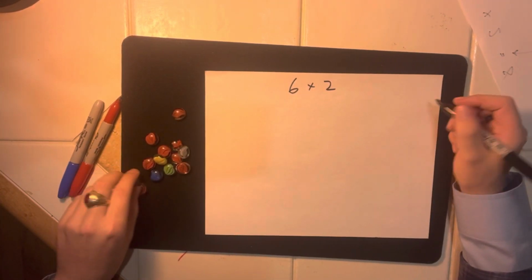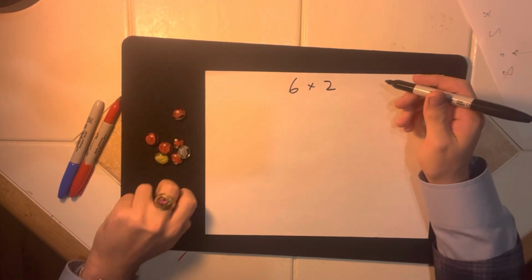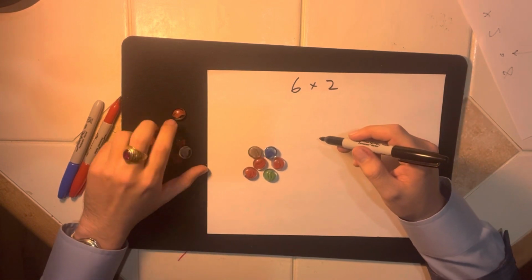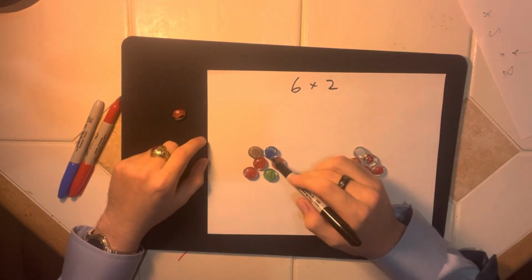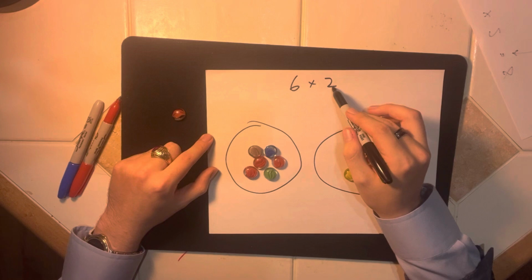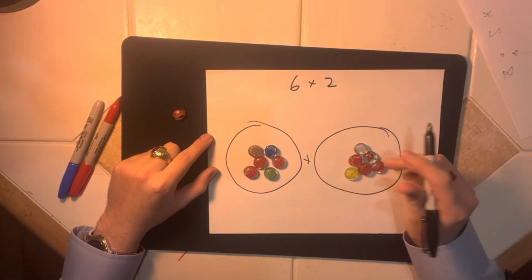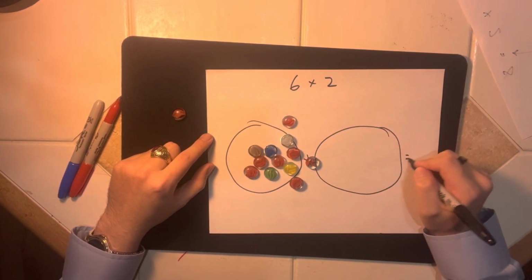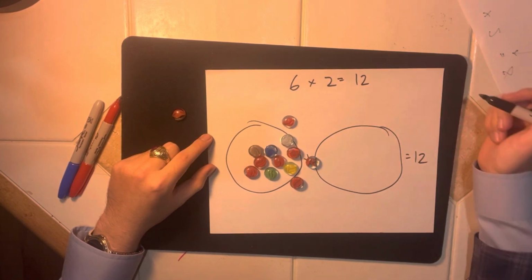All right. So instead of thinking of it as rows, we can think of it as groups. So we have 1 group of 6, and we have another group of 6 right here. So we have 2 groups of 6. Add those together. 6, 7, 8, 9, 10, 11, and 12. 12 in total. 6 times 2 is equal to 12.